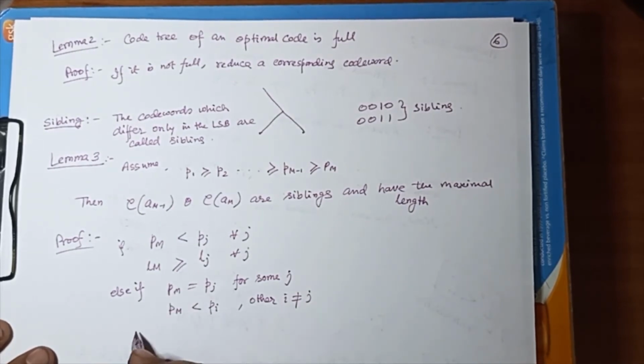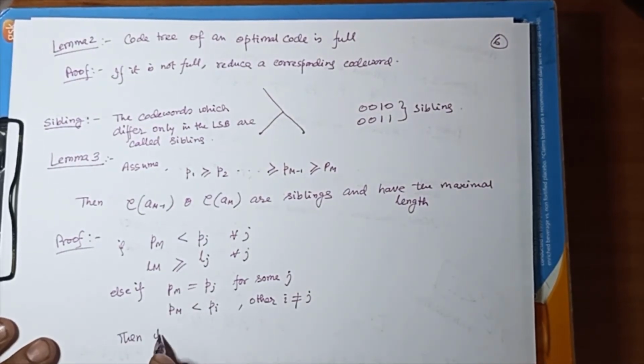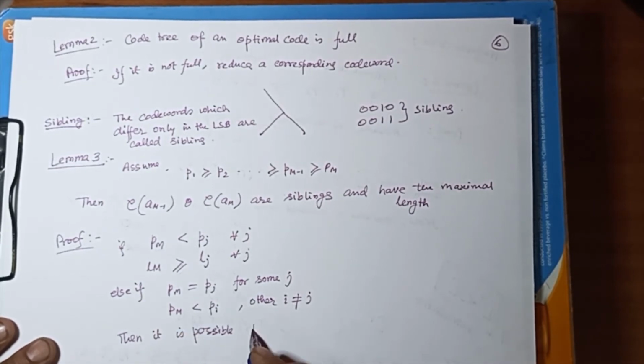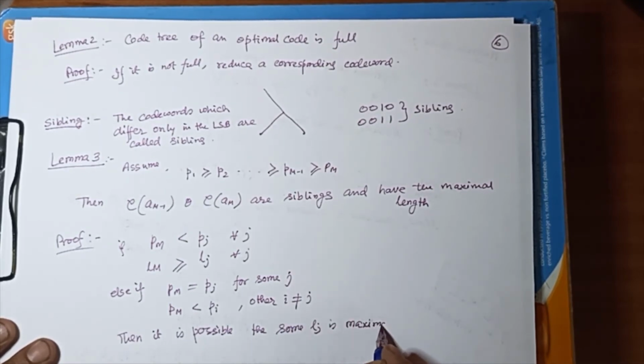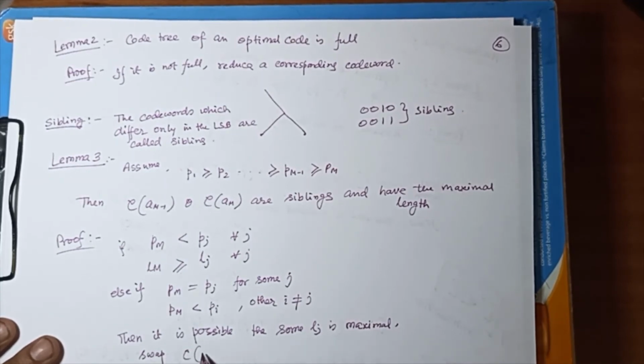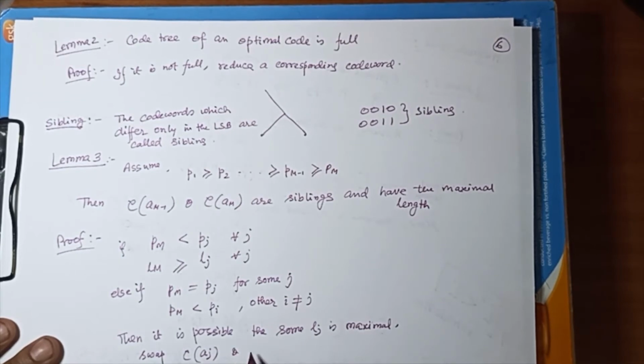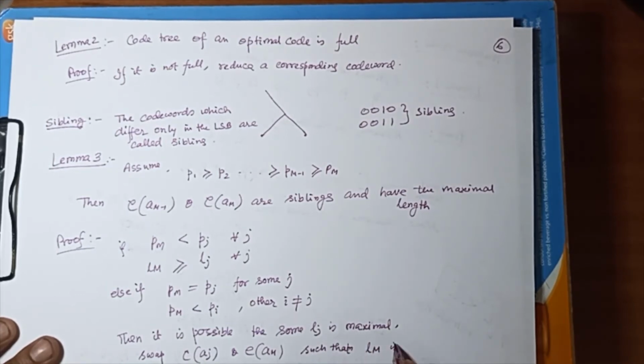So it is possible that some Lj is maximal, then swap the code of that Aj and the code of Am such that Lm is maximal.